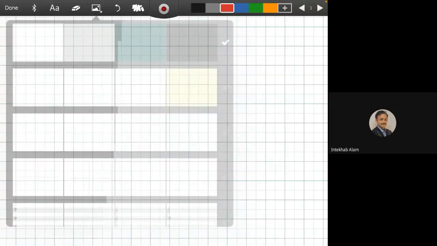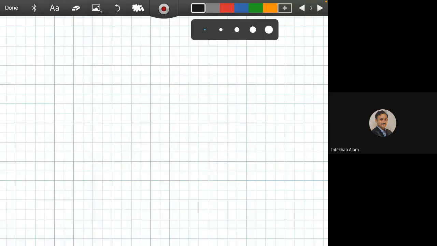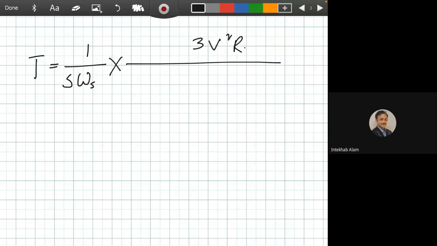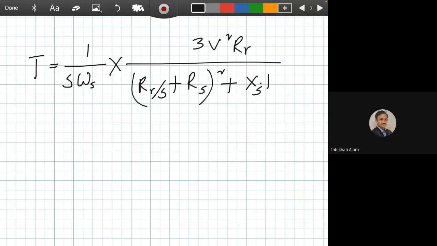If we see the equation of induction motor in a book or in motor related equations like this, you can find that torque is a function of S omega S multiplied by 3V square R divided by S, then Rs square Xs plus Xr square.